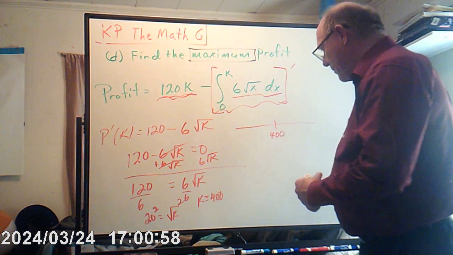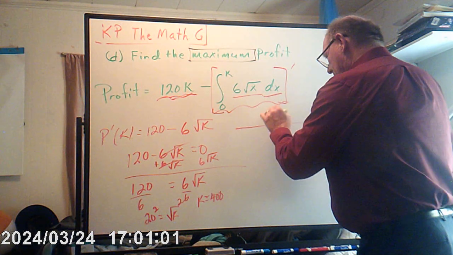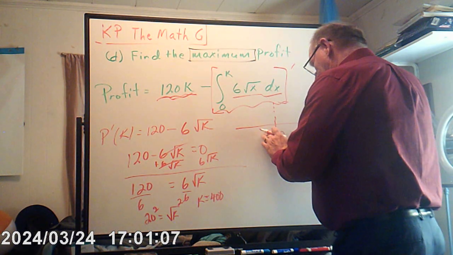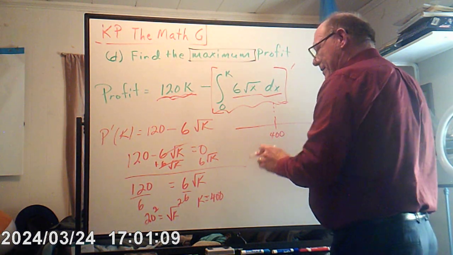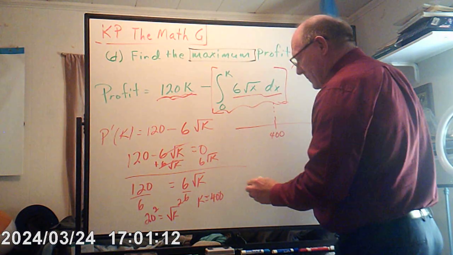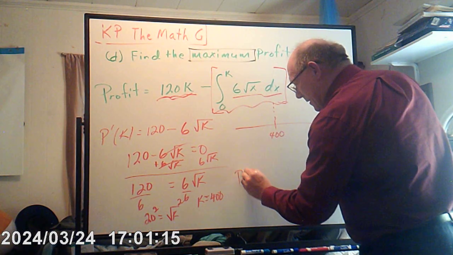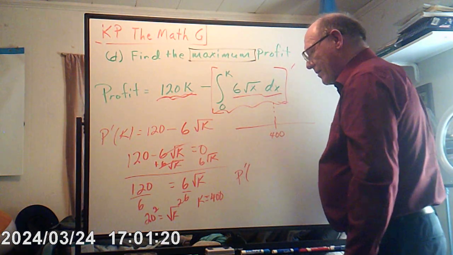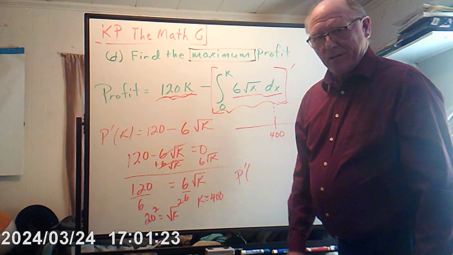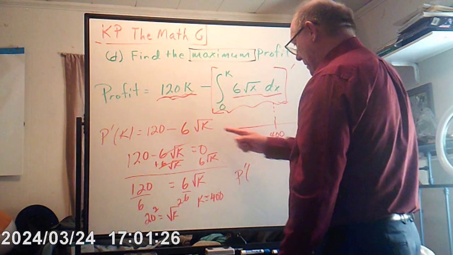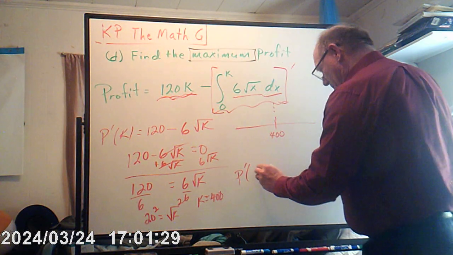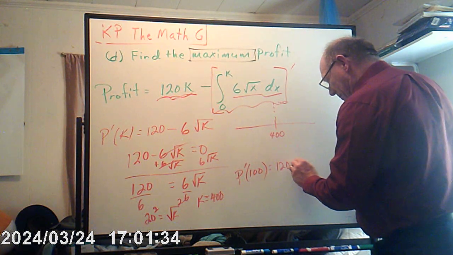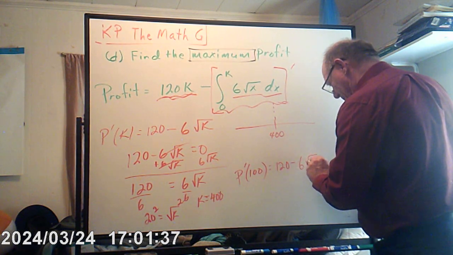Now, if you were to do this test, take this originally and plug in some number less than 400, let's pick 100. So P prime of 100 is 120 minus 6 times the square root of 100.